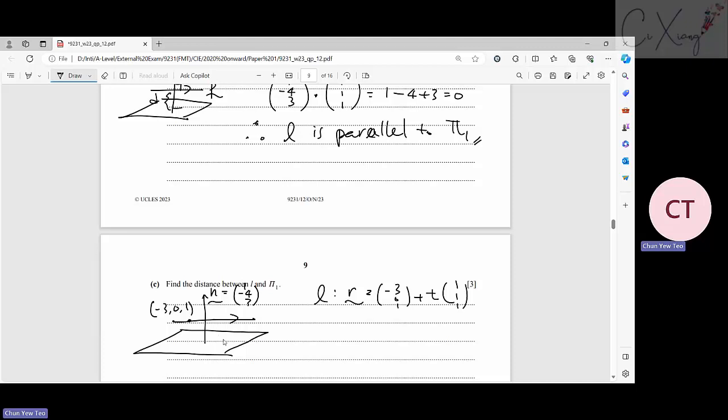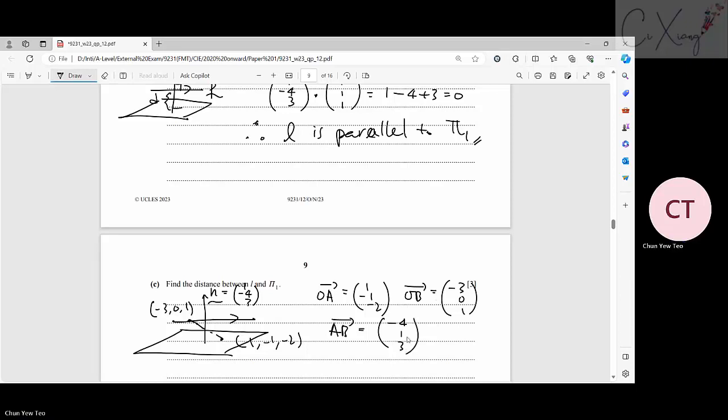So you combine them like this. No need to provide a diagram if you don't want to. Just say we let OA equal 1, negative 1, negative 2, and OB equal negative 3, 0, 1, and we want to find AB. To find AB, take B minus A: negative 4, 1, and 3.